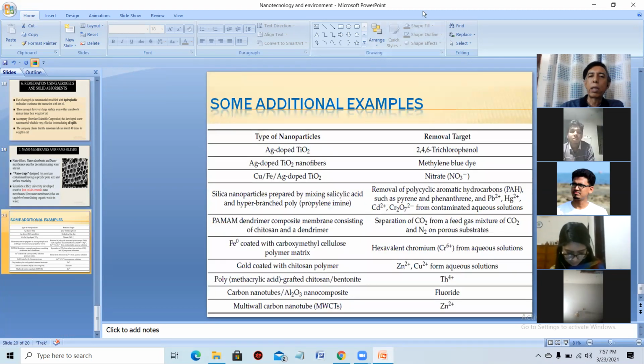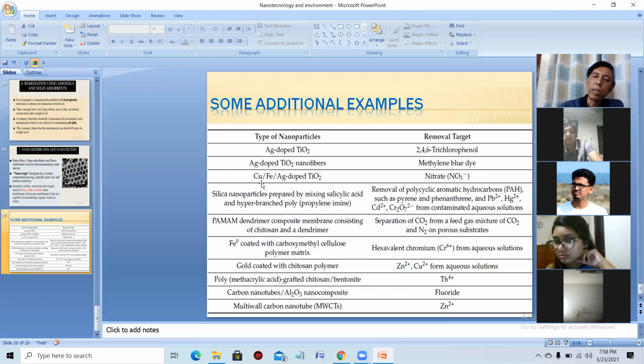Some other nanoparticles, such as silver-doped titanium dioxide, can be used to remove this. These are targeted, specifically. These nanomaterials specifically target a contaminant.